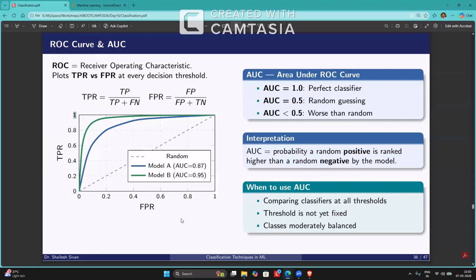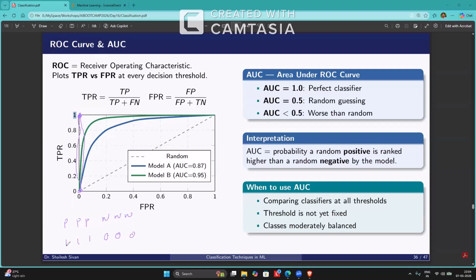If you consider positive, positive, positive, negative, negative, negative, and you got a prediction probability of 1 for all the positives and 0 for all the negatives, then whatever threshold you take, the true positive rate will be 1 here and the false positive rate will be 0 here. So this will be the point.